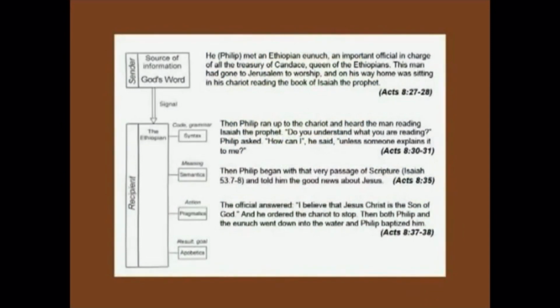And what is the highest level of information? In this case, we see in verse 39, he went on his way rejoicing. What was the reason for this? Because he became a believer, he also received eternal life. And therefore, he was rejoicing.